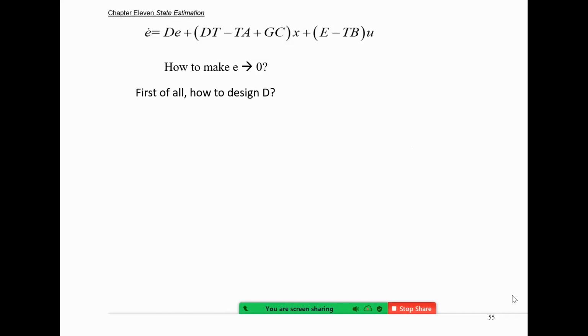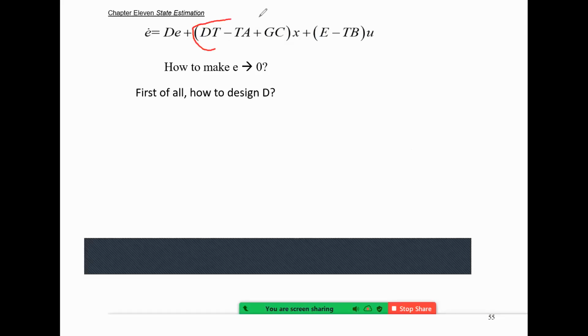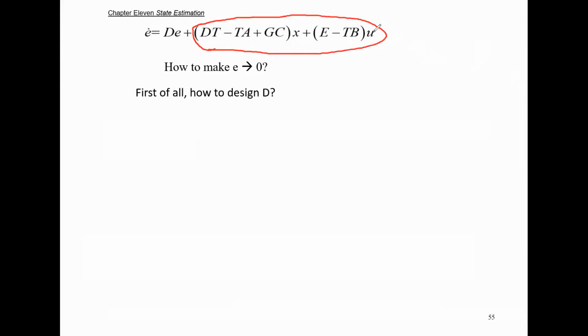So you can just imagine, this looks complicated, but let's say I put everything here. Of course, it involves X and U, but I just call this V. Therefore, you have an equation like e dot equals D e plus V. Now, the objective is I want to make e go to 0.